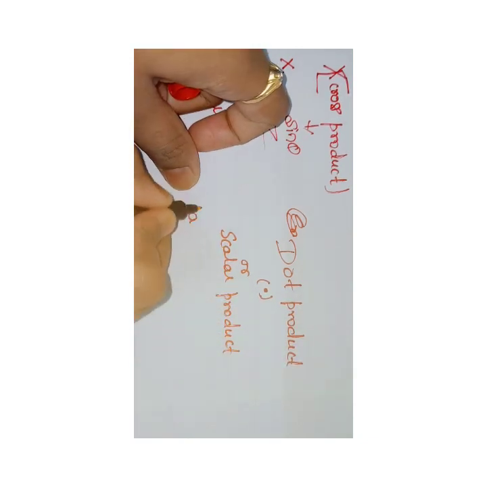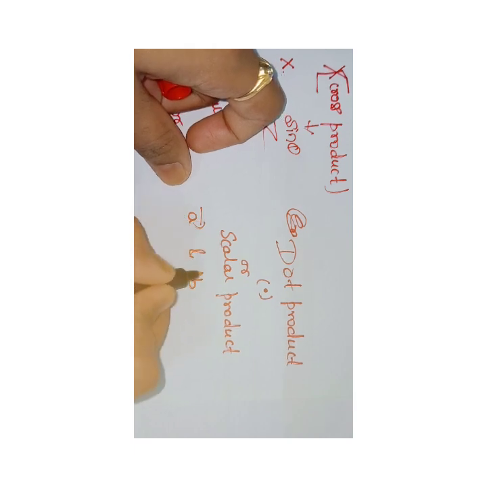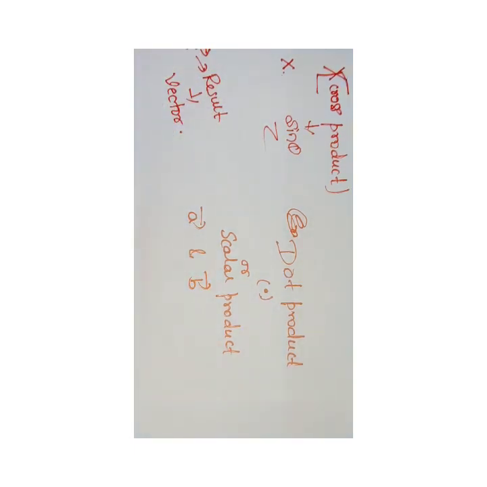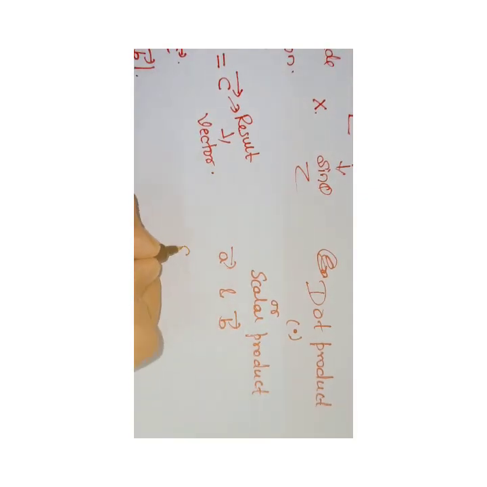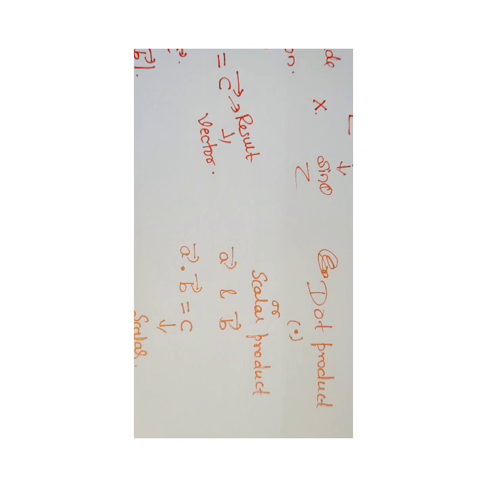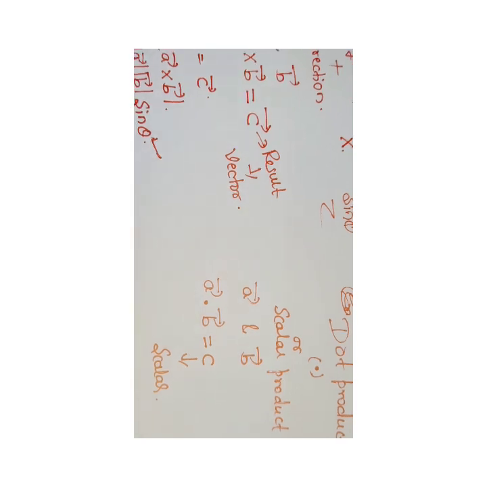When two vectors, again the same vectors A and B, are multiplied and I do the dot product, I get the result as a scalar quantity, just numbers.